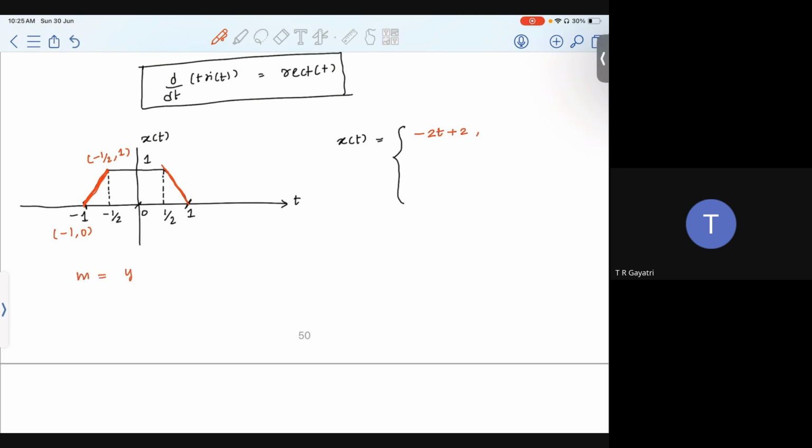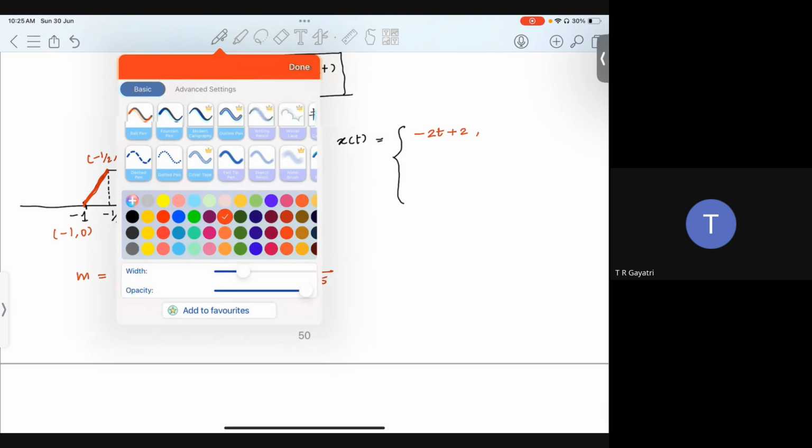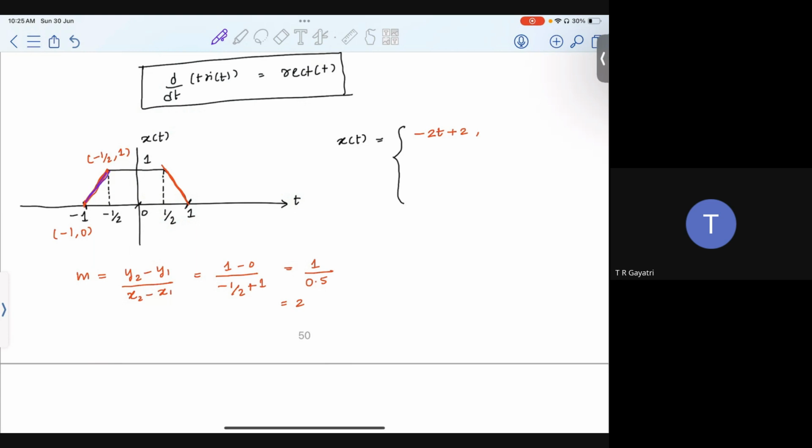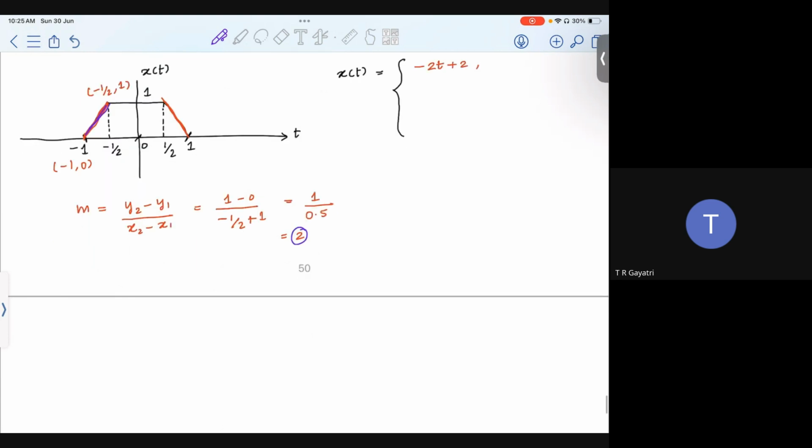Slope is nothing but y2 minus y1 divided by x2 minus x1. That is 1 minus 0 divided by minus half plus 1, which gives you 1 by 0.5, which is simply 2. So m is my slope, which is 2.